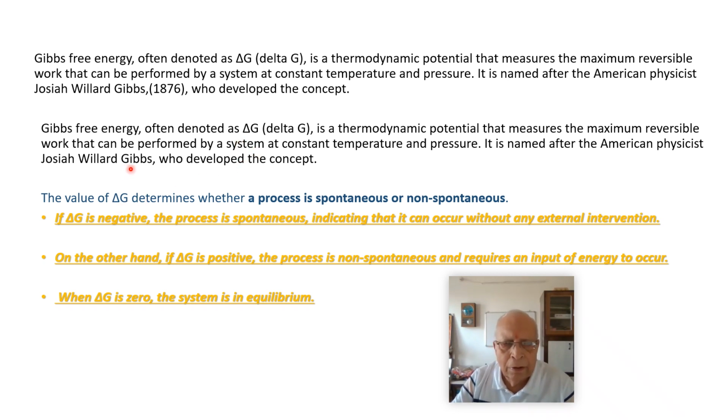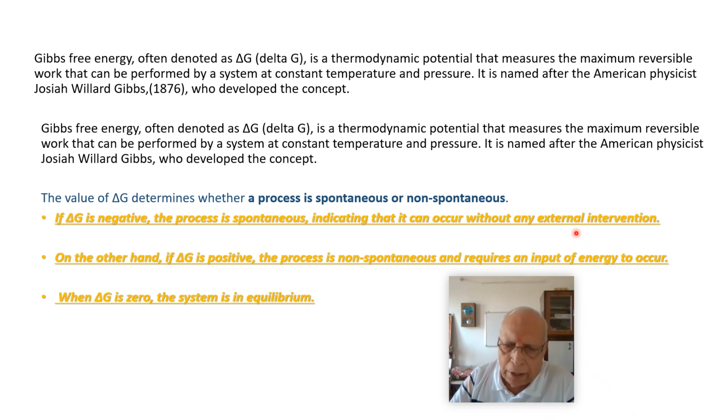Of course, it's a Greek letter, capital, not the small delta. And it is related to entropy and enthalpy terms. After correlating it, if delta G is mathematically negative in magnitude, the reaction or the process will be spontaneous. It will occur without external intervention.